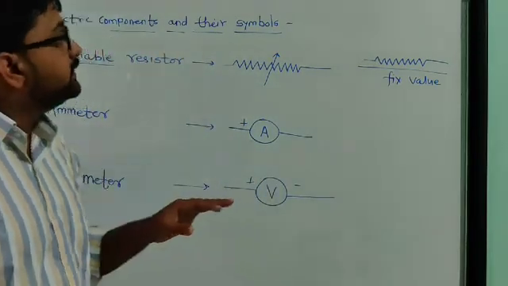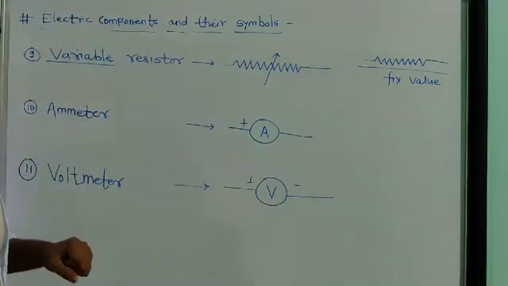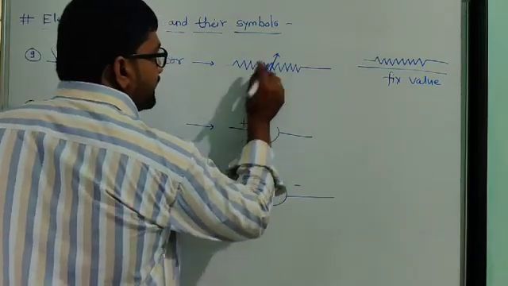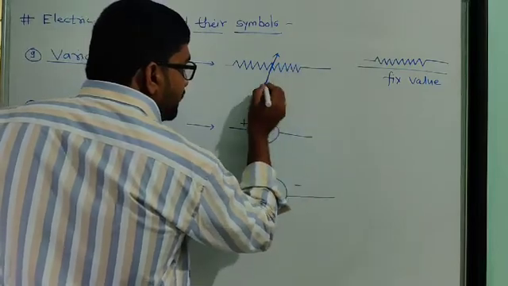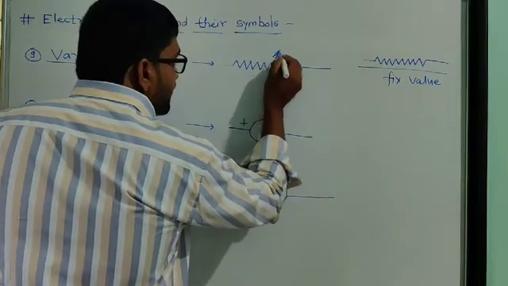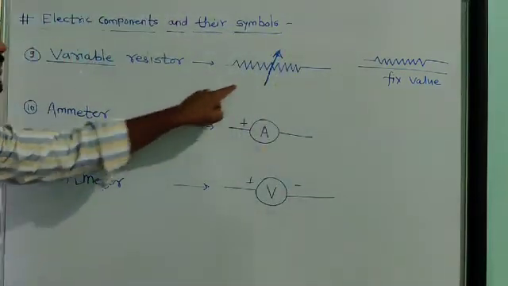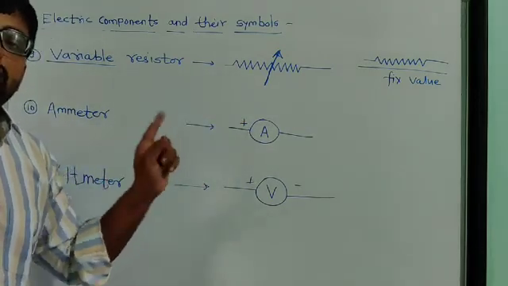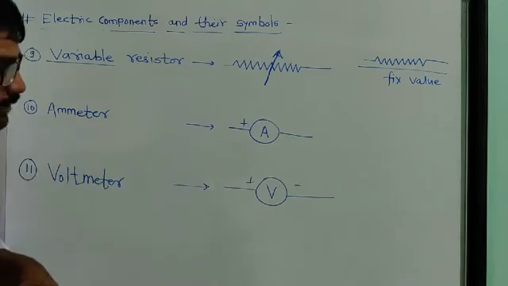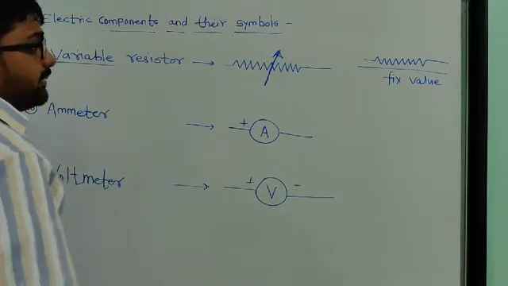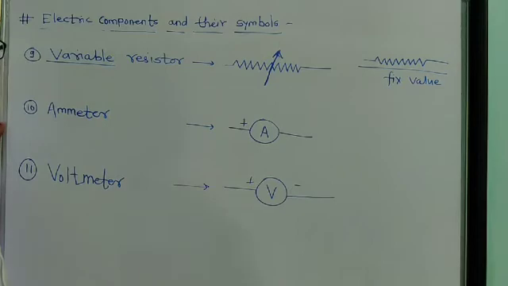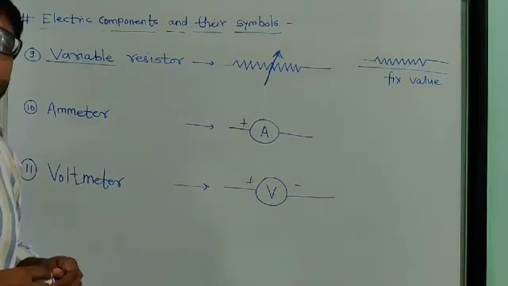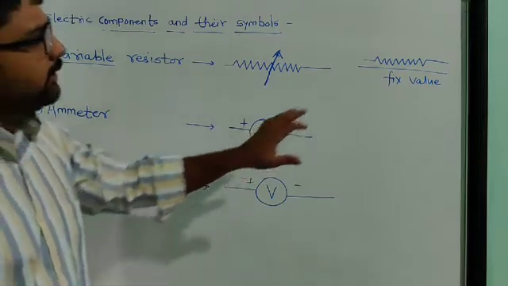But the symbol of a variable resistor is like a resistor with one arrow. This arrow means that we can change the value of the resistor. So this variable resistor gives us different values of resistance when it is connected to the circuit.